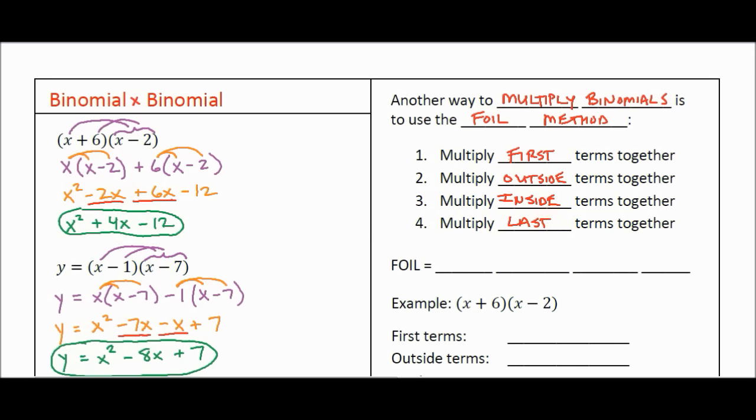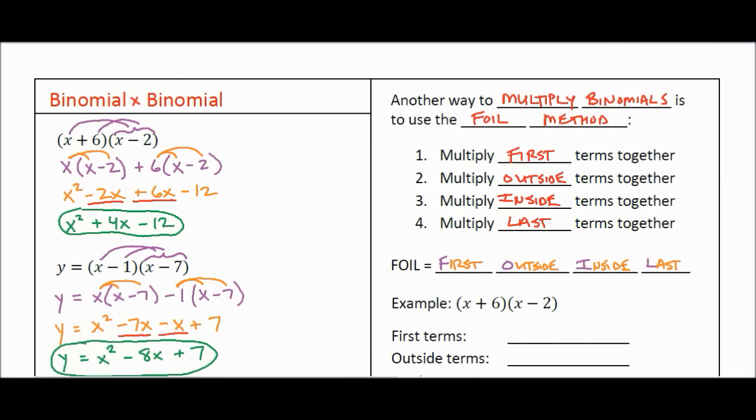So we get FOIL because of these letters, F, O, I, and L, and they stand for first, outside, inside, and last. And let's demonstrate how this procedure works. First terms, outside terms, inside terms, last terms.